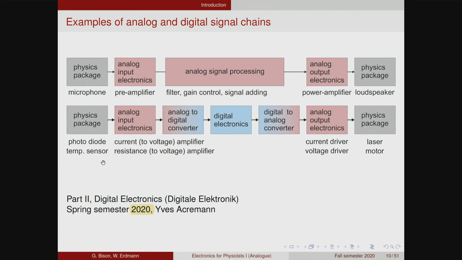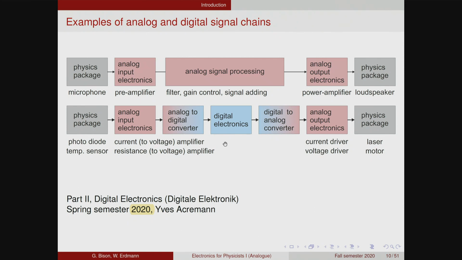And for example, you could have a temperature sensor that controls a motor, I don't know, which closes the blinds. Or you could have a photodiode that controls the power of a laser also. And those signal processing things are nowadays often in digital electronics, which of course makes it more flexible.